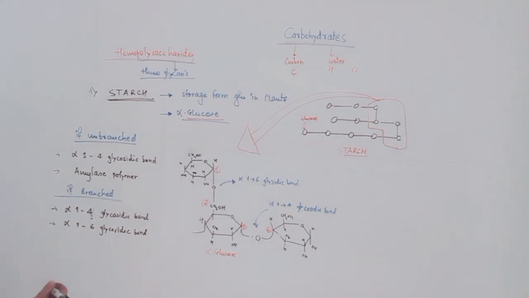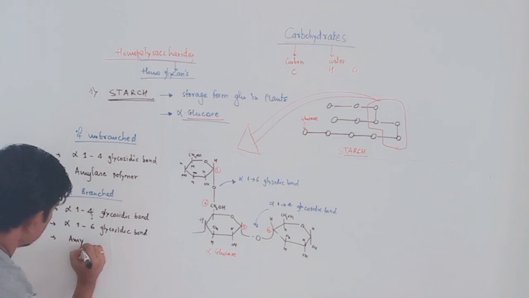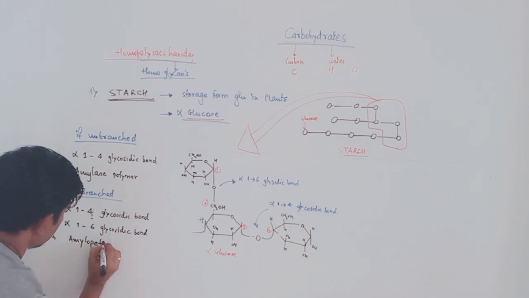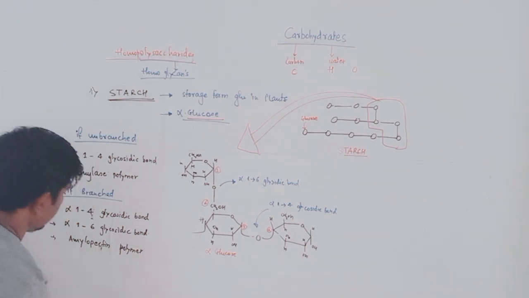This kind of branched polymer is called amylopectin. Amylopectin is the branched polymer of starch.